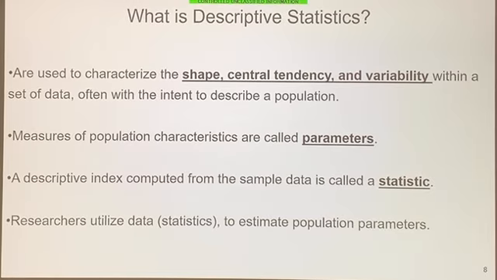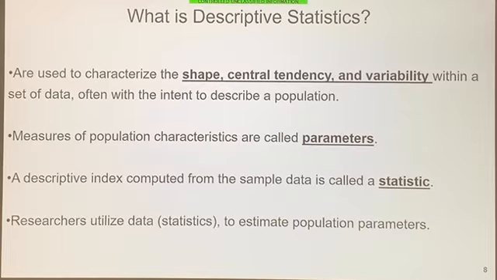So with descriptive stats, when we use statistics, we are pulling samples out of a population for a particular variable. That variable within the population as a whole is called a parameter.